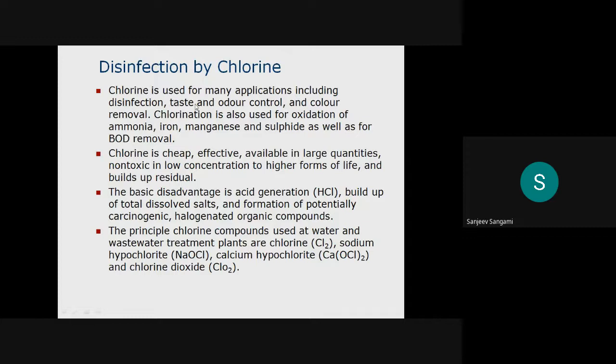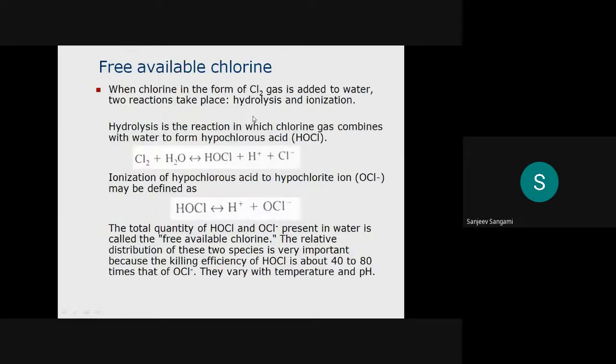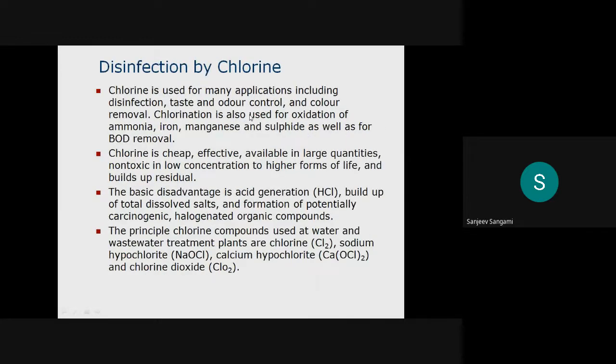Chlorine is used in many applications, including disinfection, taste and odor control, and color removal. Not only is it going to kill the pathogens, it is going to reduce the taste and the odor, and remove the color as well as the iron.